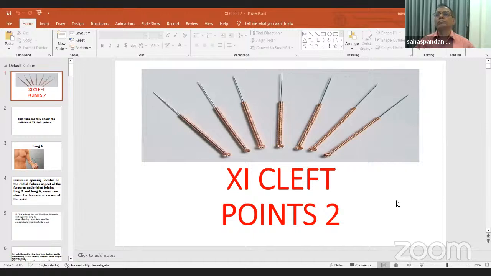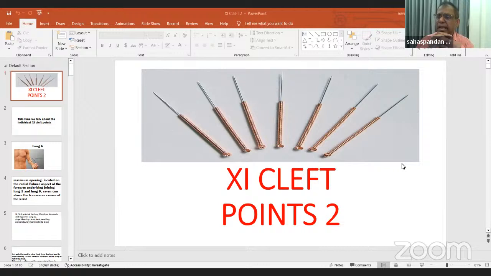तो ये हमारा सेकंड सेशन है। Acupuncture on acute pain and acute emergencies.